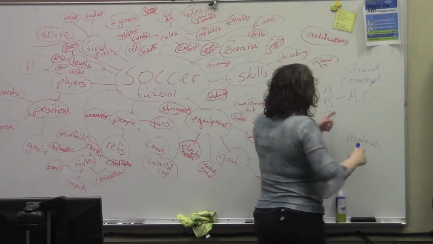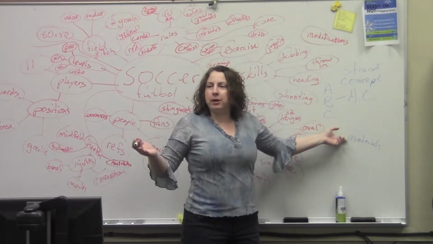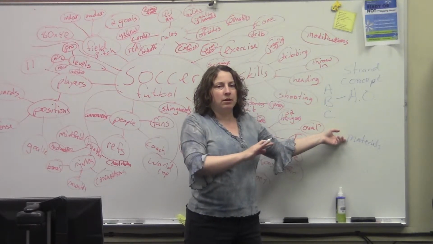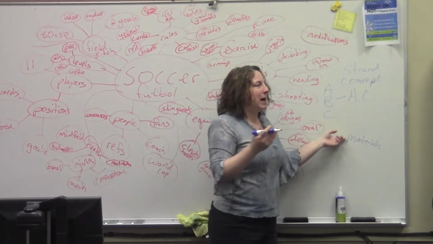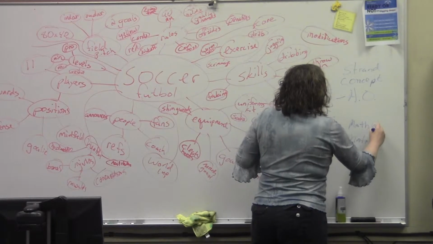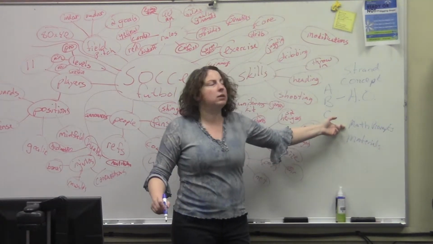So you've got your strand, your concept, your materials, and in science we have research questions, and in math we have math prompts. So that's kind of what we tell the child or ask the child.